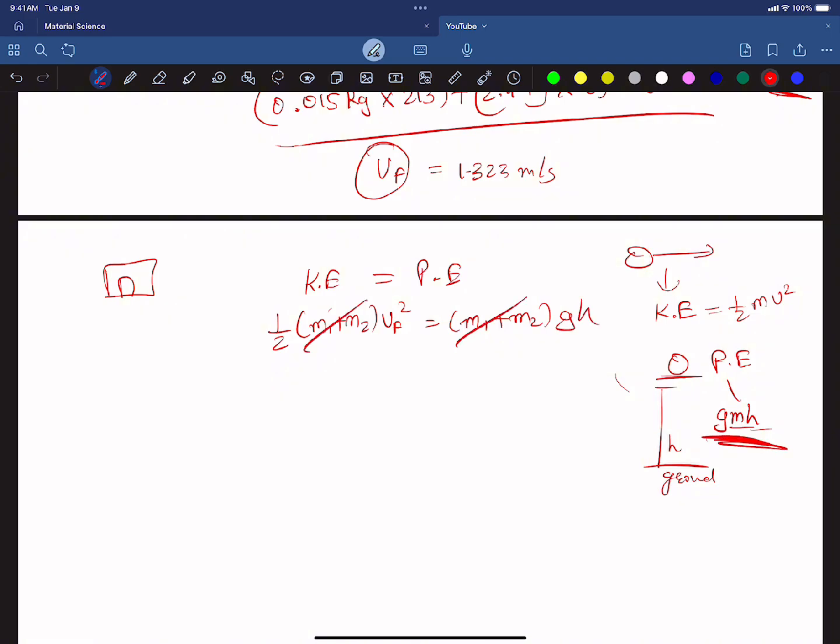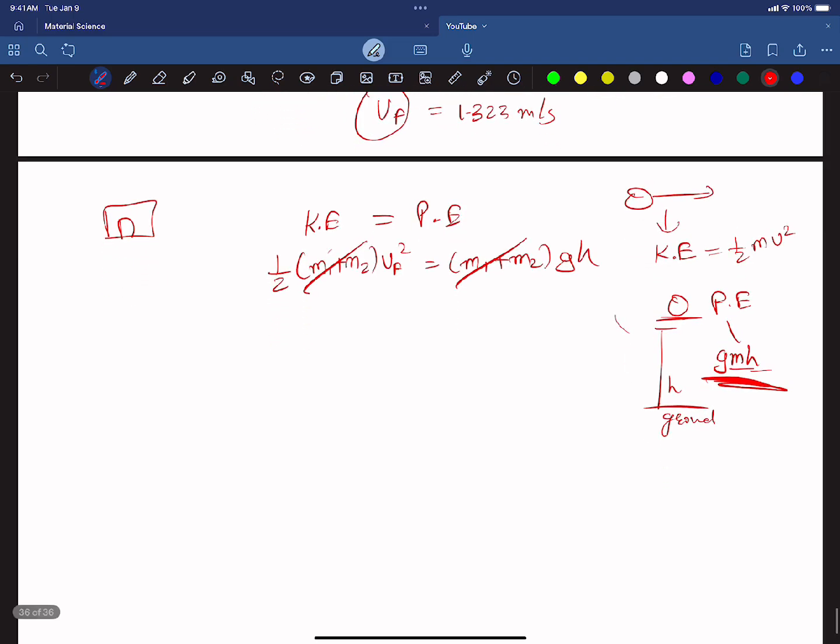Now this will be cancelled out. We have half vf square is equal to gh. Now you have to find this h. So h is equal to 0.5 vf square by g.